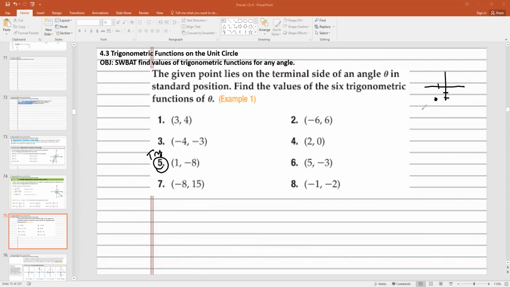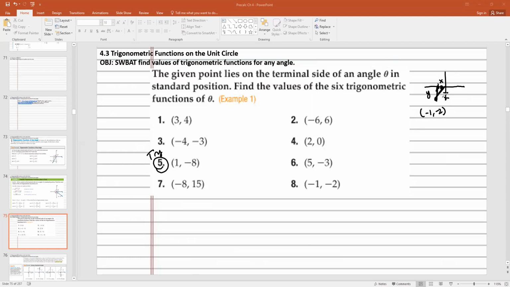If you draw a line there, here's our theta. This is going to be our y, that's -2, and this is going to be our x, -1. You can think of the theta right there. I drew it really small, I'm sorry.